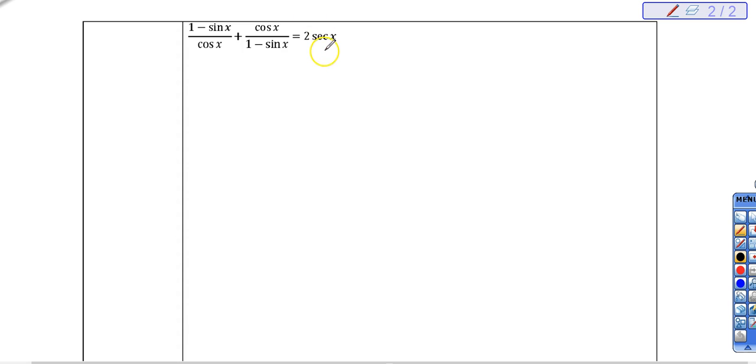So 2 secant x. I've been curious all day if this first thing equals 1 secant x and the second term equals 1 secant x, and 1 secant x plus 1 secant x equals 2 secant x, but I haven't had time to investigate my theory, and I might investigate it after school.